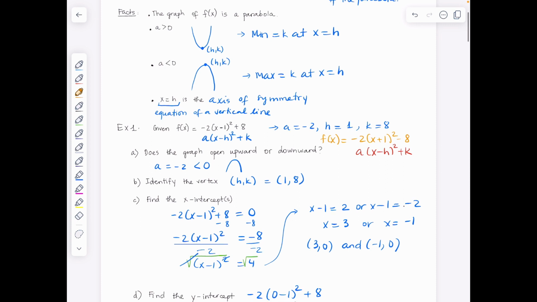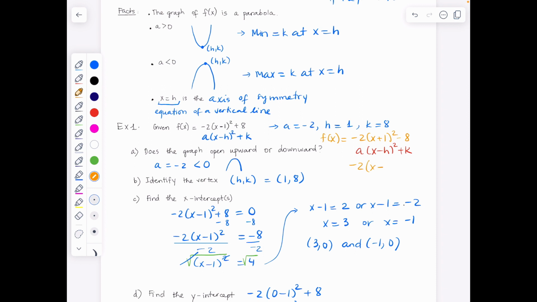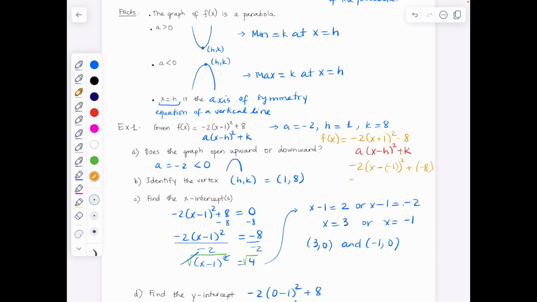So to rewrite that, we can do negative 2. Here is x minus h, so we can write x minus a negative 1, because that will make it x plus 1. And then plus k, which we can write plus a negative 8, and that is equivalent to minus 8. So in this case, a would be negative 2, h is negative 1, and k is negative 8.